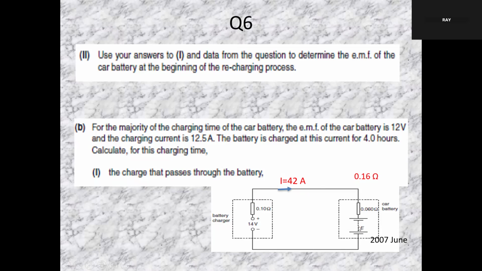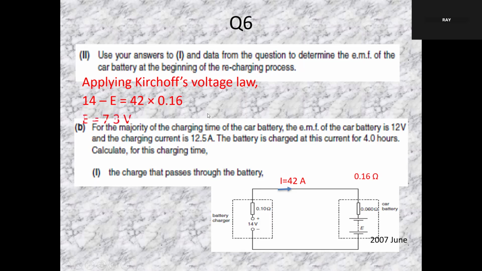Just now you took 14 minus E, applying Kirchhoff's voltage law. That's the total EMF equals the total PD. PD is the current times the total resistance. These two add together, that's why I get that. Then calculate your E.